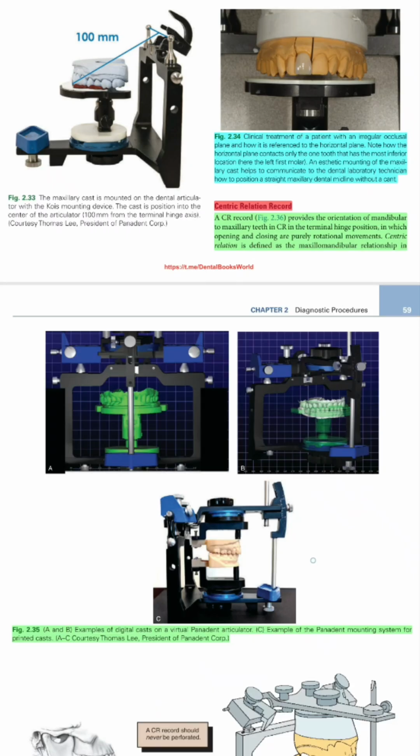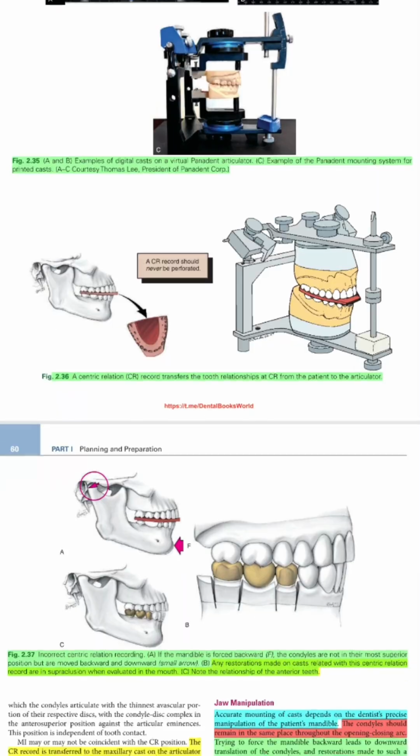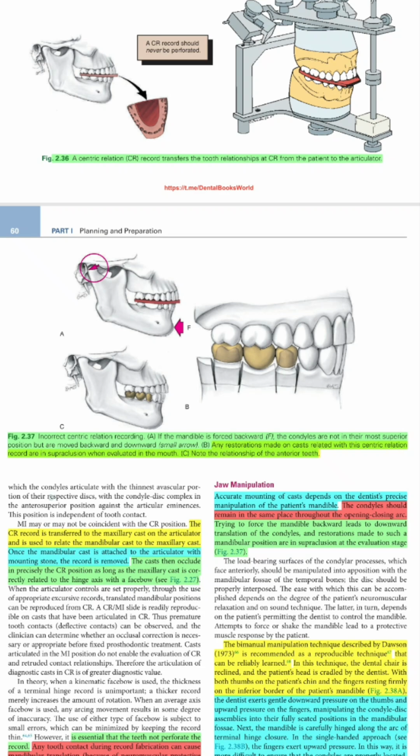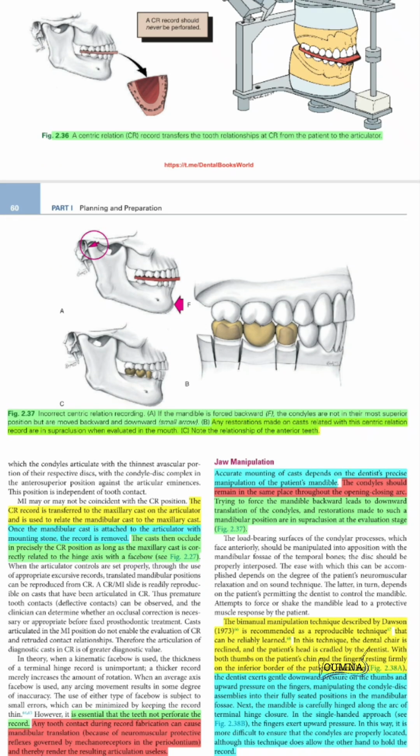Now the third step is the centric relation record, which provides the orientation of the mandibular and maxillary teeth in the centric relationship, where it is defined as the maxillomandibular relationship in which the condyles articulate deepest in their respective discs of the articular eminence.